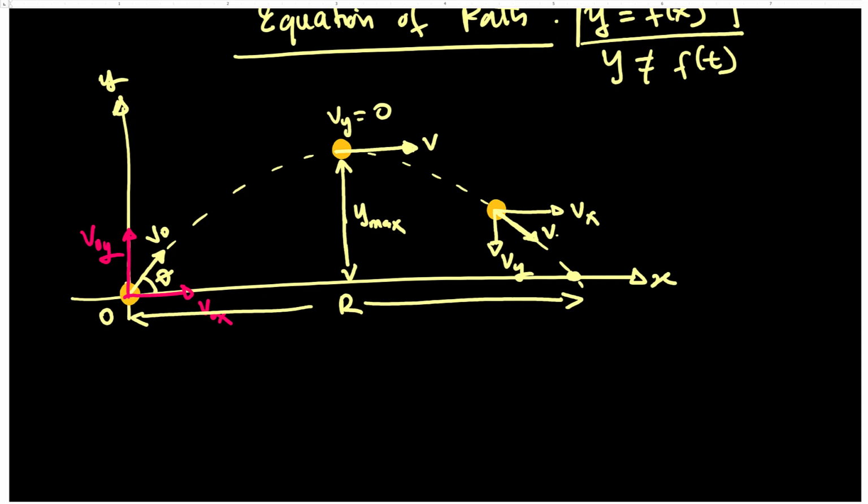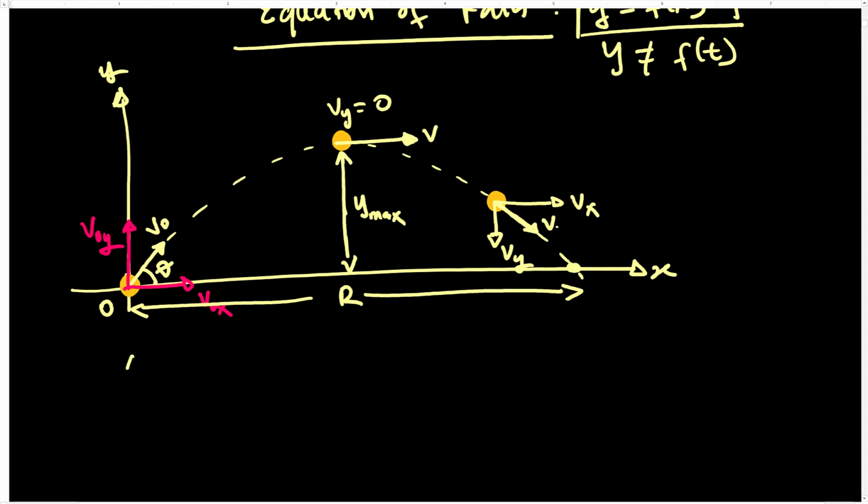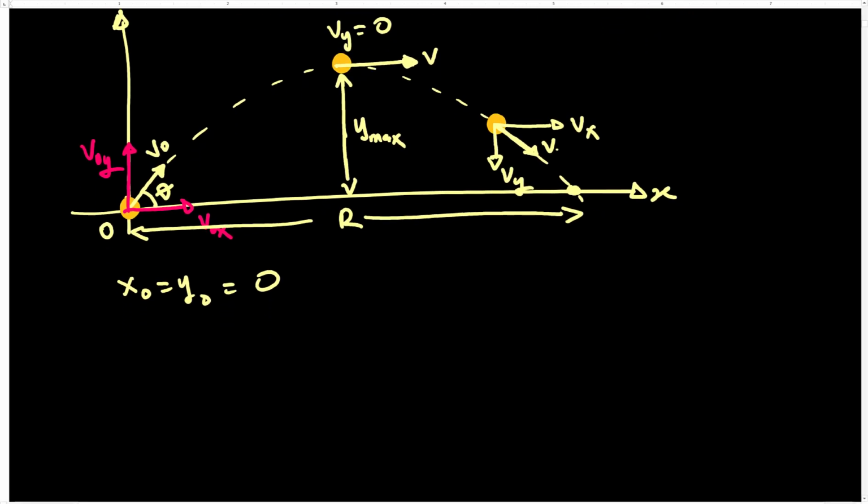So how do we proceed? What do we know? We know that x naught is equal to y naught, which is equal to 0. And if that is the case, we therefore can say that x will be equal to Vox t, which would mean that t is equal to x divided by Vox.